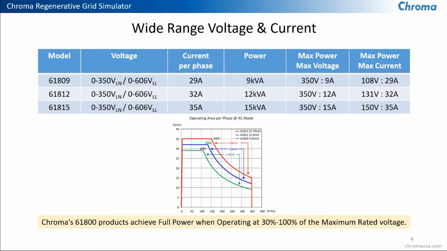Alternatively, we could set the current to its maximum output, which is 35 amps, and set the voltage up to 150 volts, also resulting in maximum power. And really, you can do any combination of voltage and current setting as long as their resulting power output does not exceed the maximum power rating.